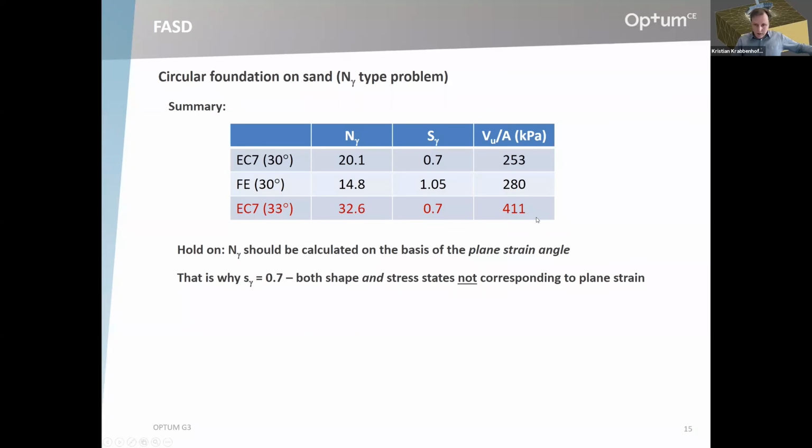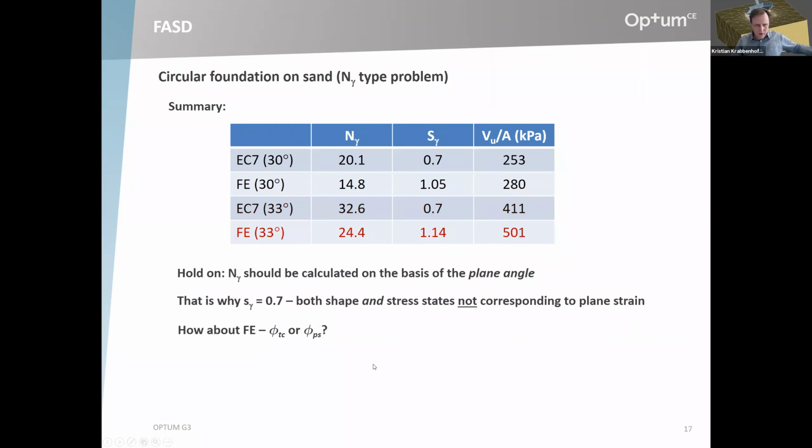And then the question is, what about FE then? We used 30 degrees. That's the result for 30 degrees up here, but should we use 33? Which of these two angles should we really be using? The triaxial angle is probably too conservative. We're not at triaxial stress states everywhere underneath the circular foundation. We are not really at plane strain either. So the question is what to use.